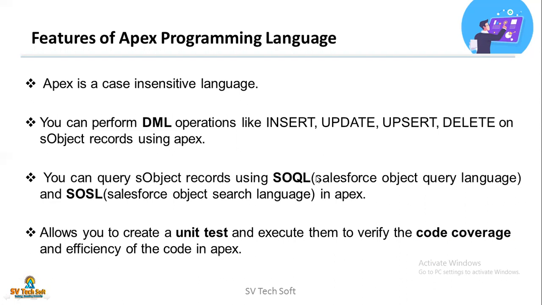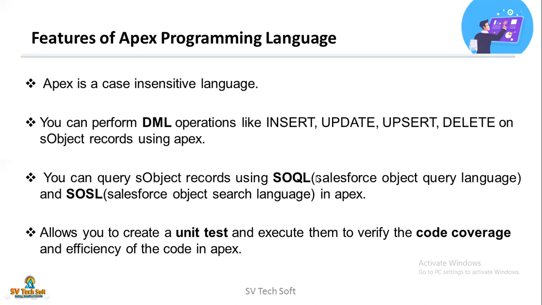We call this upsert. Upsert means both insert and update are done in a single statement. You can also delete your existing record information if it is not wanted. You can do all these types of operations by using Apex, as well as query your record information.